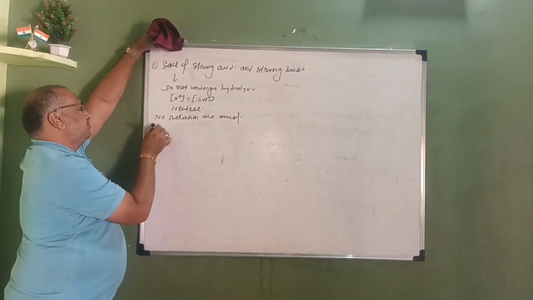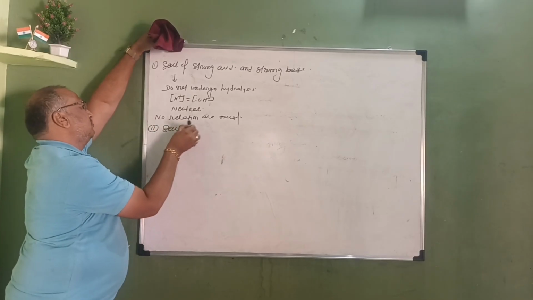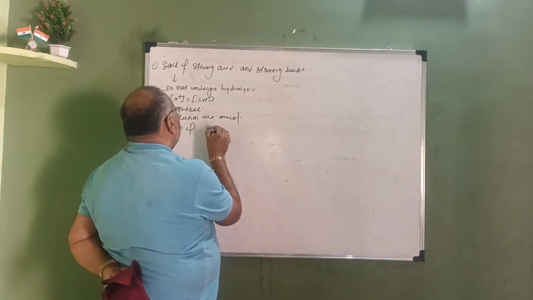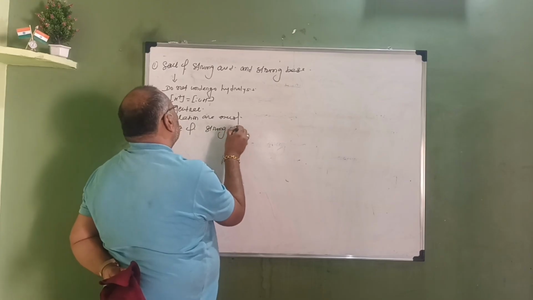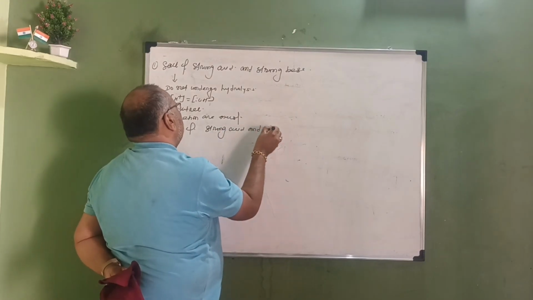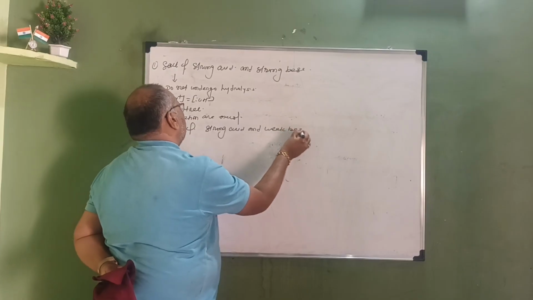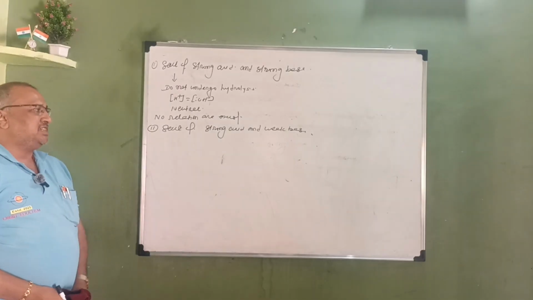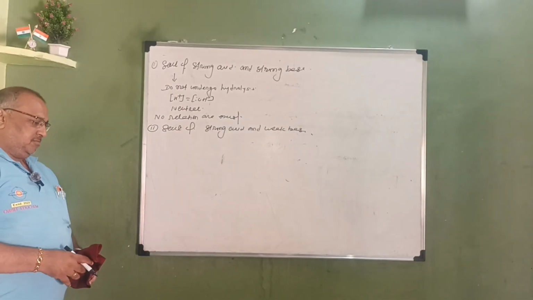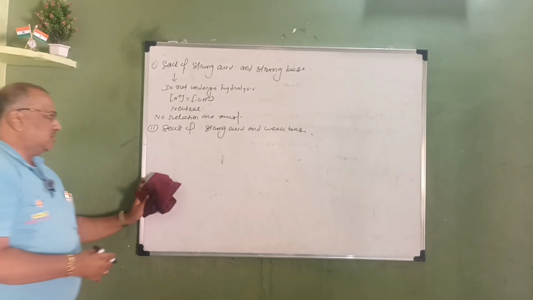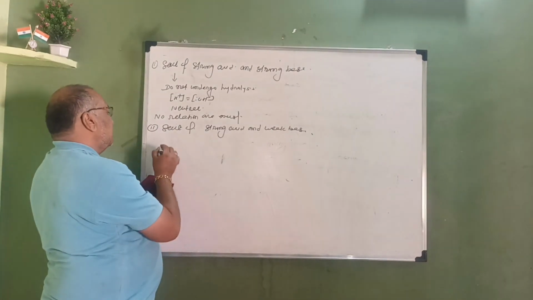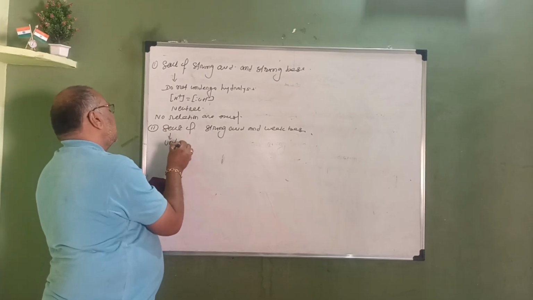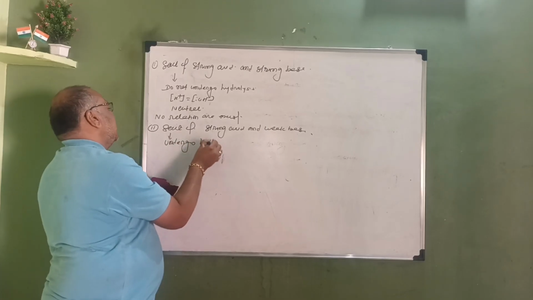Second, salt of strong acid and weak base. Here, which species is strong? Here, acid is strong. That means, here write down first, undergo hydrolysis.